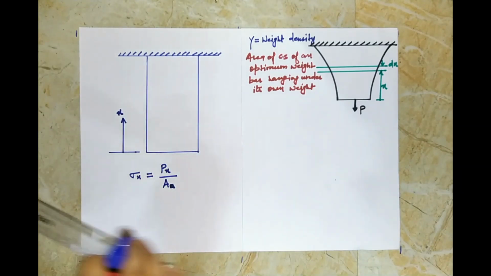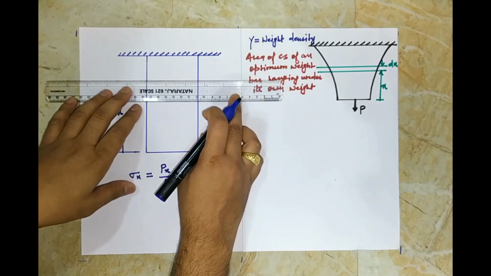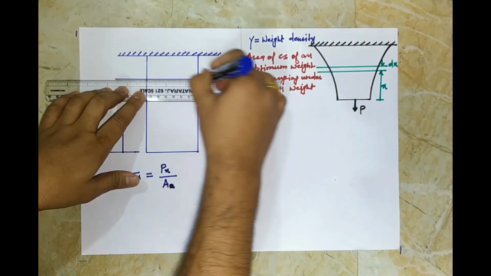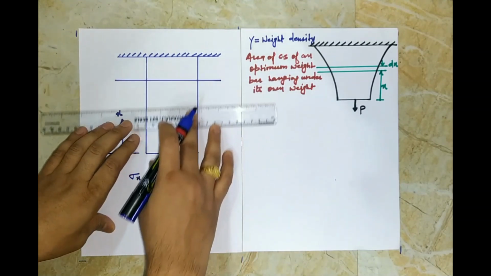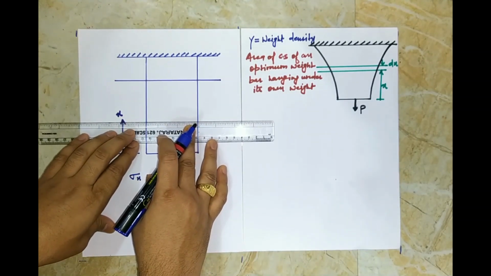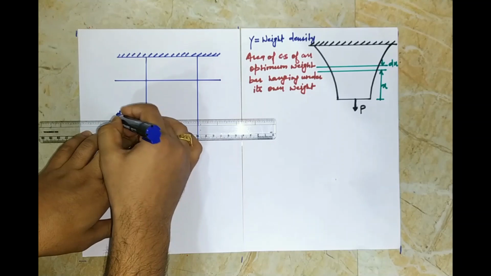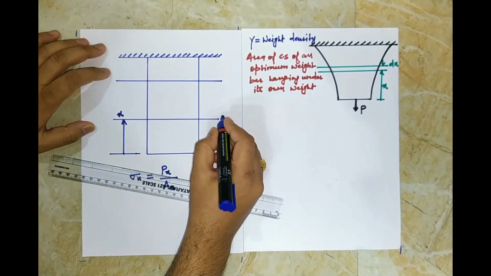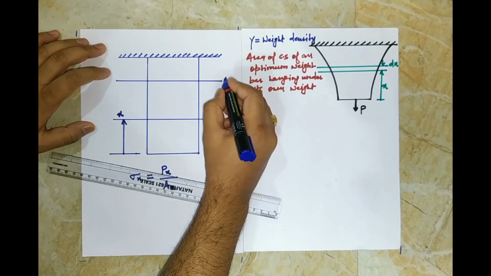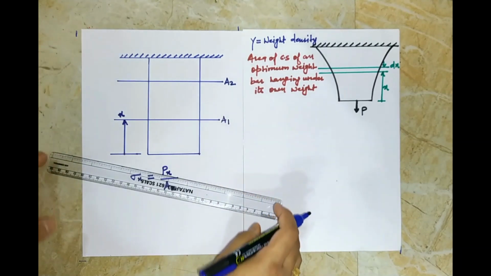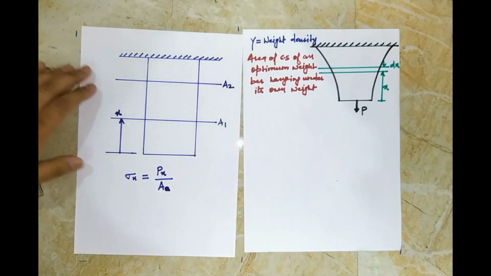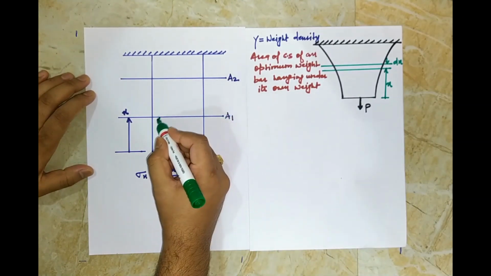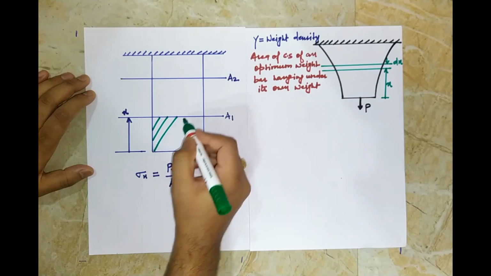Now let us analyze two situations. One has a cross section over here, called A2, and the second has a cross section over here, A1. What is the weight of the bar acting below A1? That is this much.